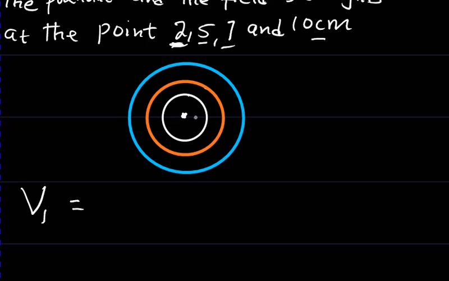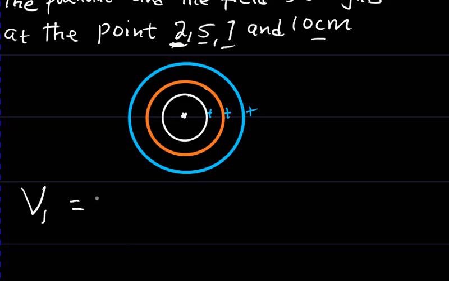That's where we are calculating the electric potential. And you know very well that electric potential can be calculated for a sphere, even inside the sphere. All right, so let's start. We're going to calculate electric potential due to the inner sphere, the second sphere, and of course the last sphere. We are going to put them all together.